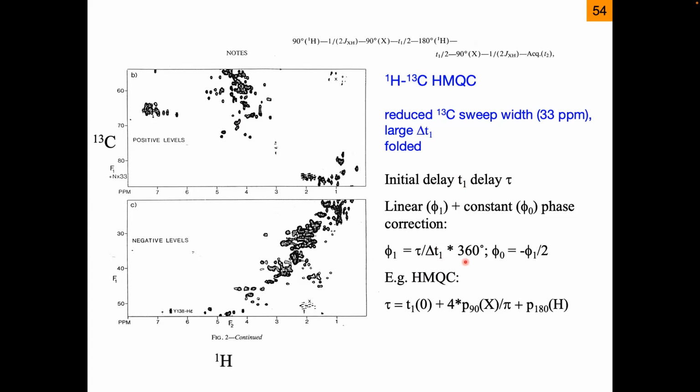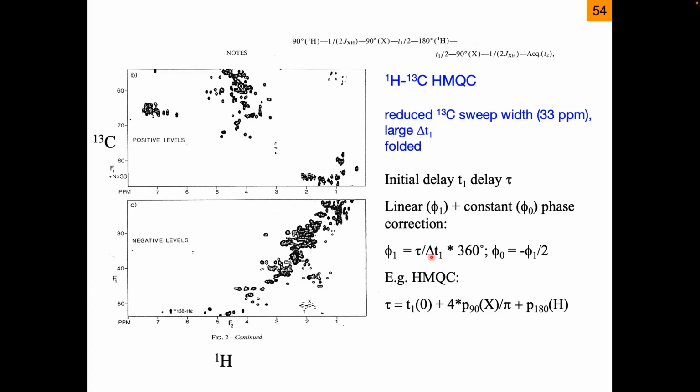And in the convention that is used in the Fourier transforms, the zero order phase, if there are no other effects, is just minus half the first order phase. So I could calculate the first order phase from this, and then I also know my zero order phase. Now, what I need to understand is how much evolution is happening until the first data point.